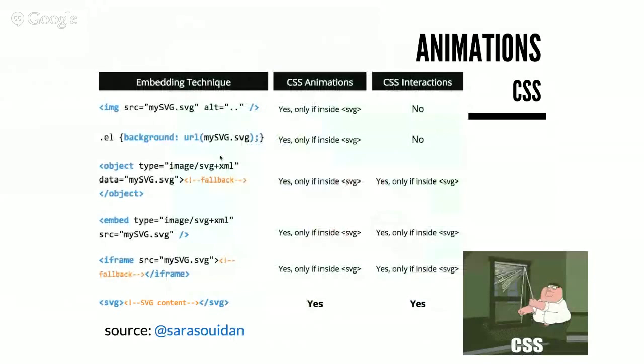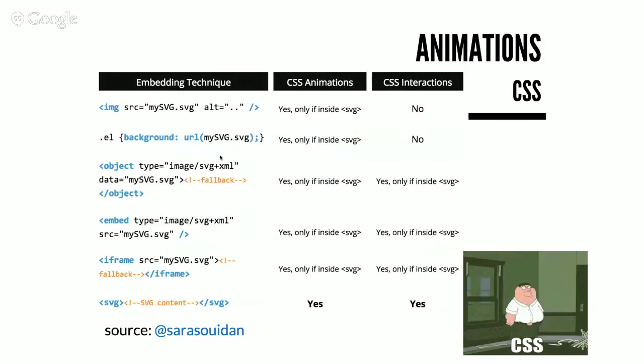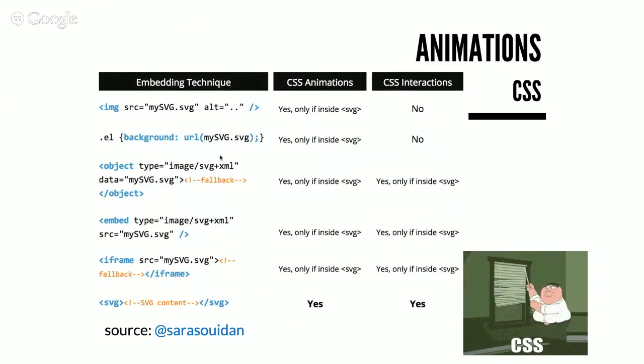But basically, here's a breakdown of how you can implement CSS animations through SVGs. The thing about SVGs that makes them great is that they can be implemented in a lot of different ways. You can put them directly in your HTML document. You can source them like an image source. You can embed them through the HTML embed or object, even iframe them in. And then you can have fallback for devices that don't support it.